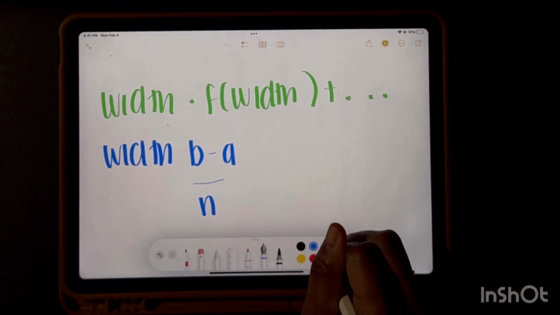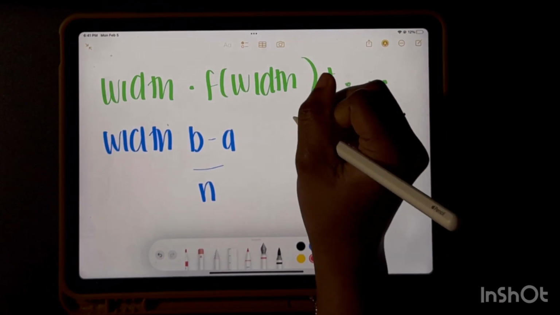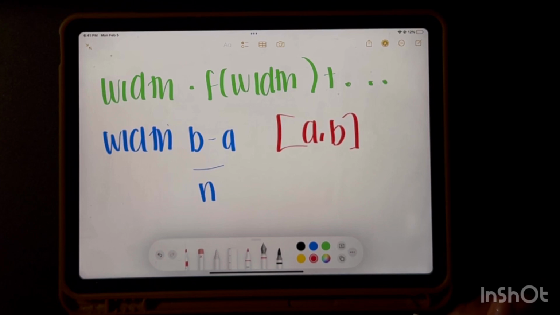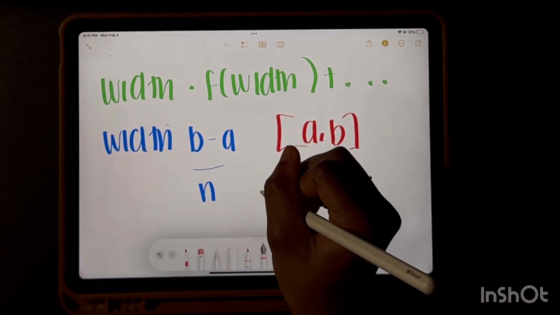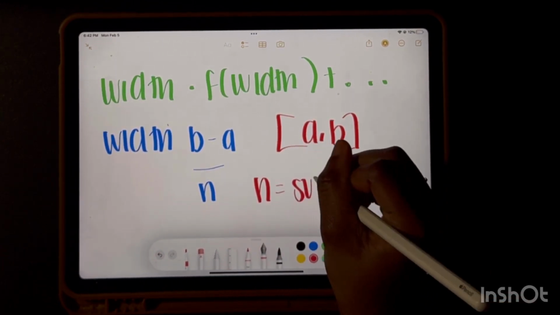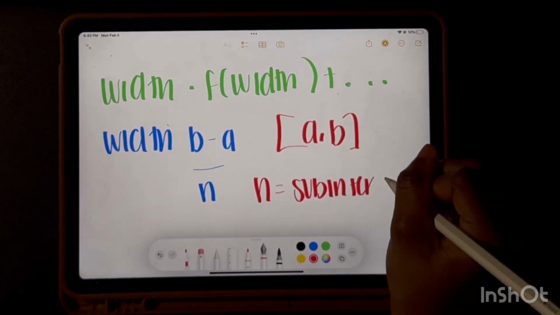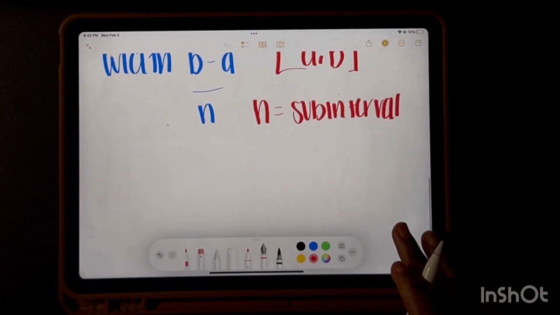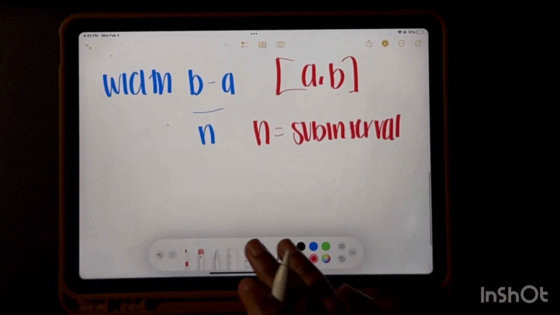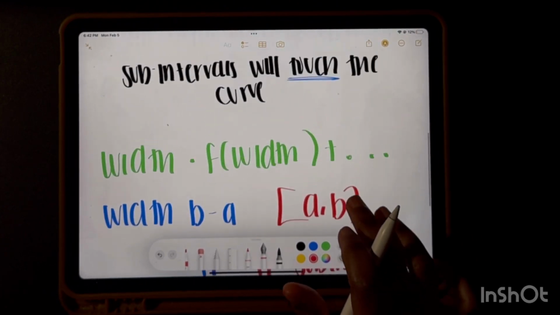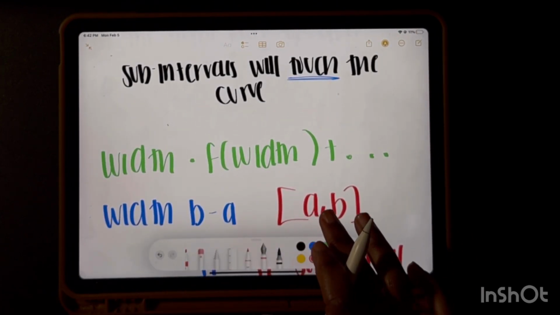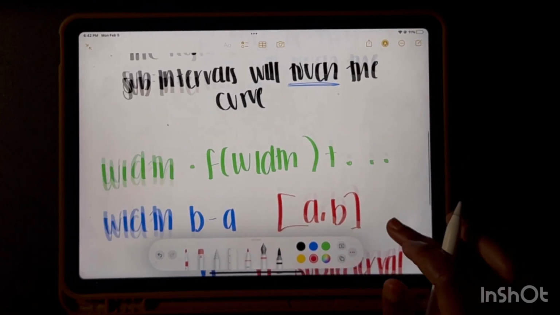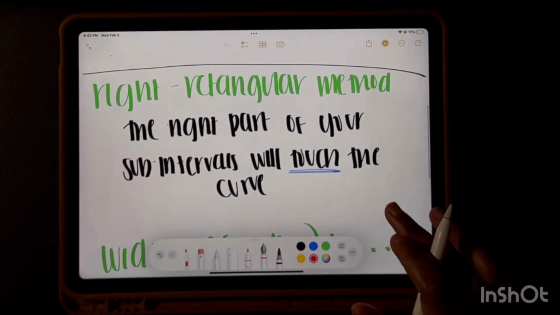When finding the area, they're always going to give you an interval. So your interval will be a and b, hence where you get your b and your a variable from. And then your n just means how many subintervals you're going to use. That will also be given to you in the question. So once you find your width, you plug it into the formula, and then you add it up with how many subintervals you have to get your approximation.